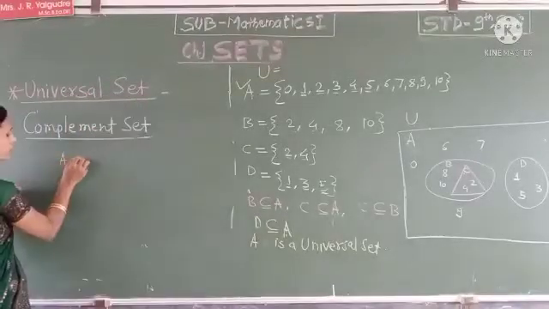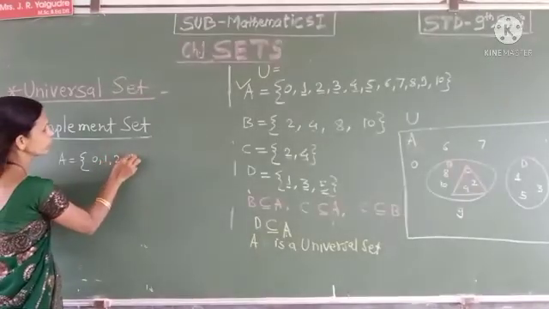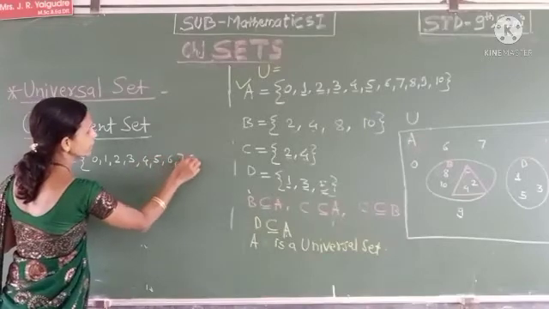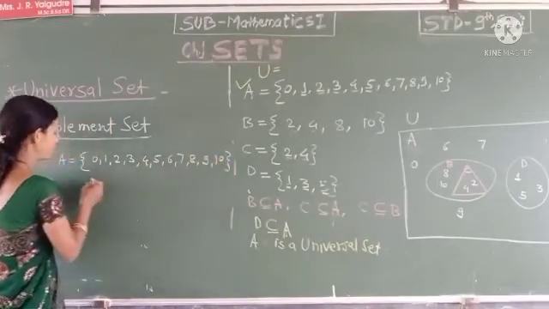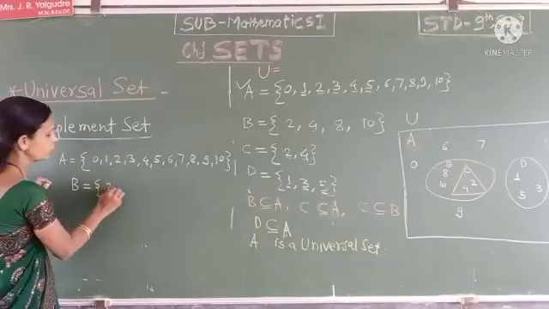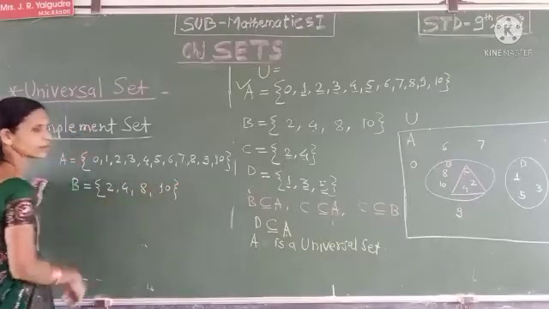Then A is a universal set: 0, 1, 2, 3, 4, 5, 6, 7, 8, 9 and 10. These elements are there. And B is a set of 2, 4, 8 and 10.